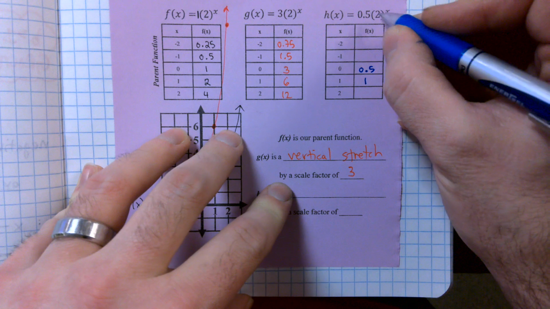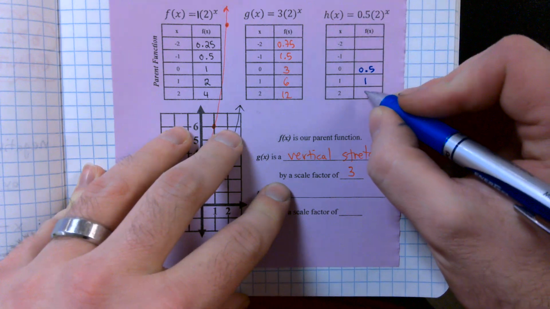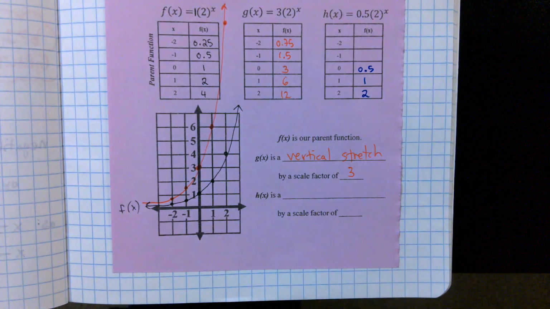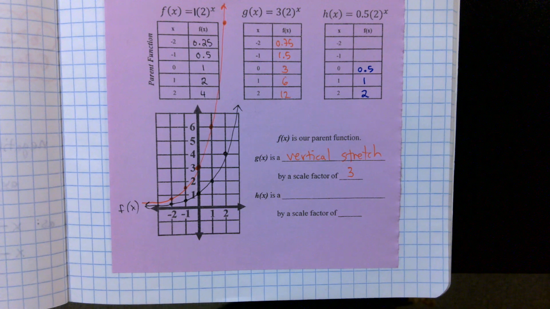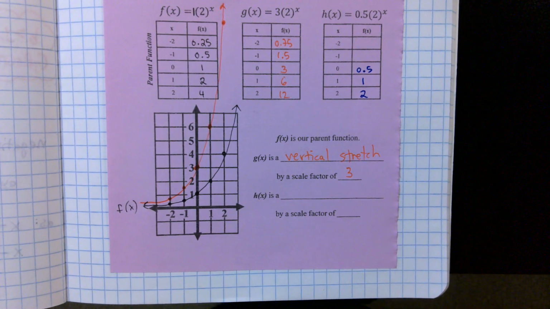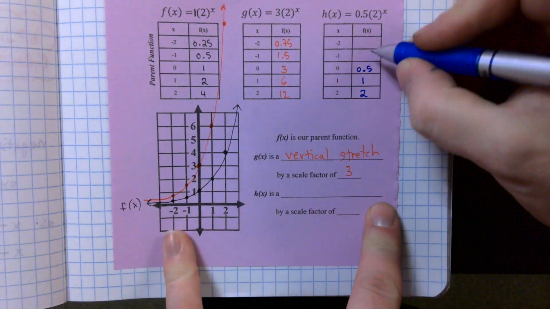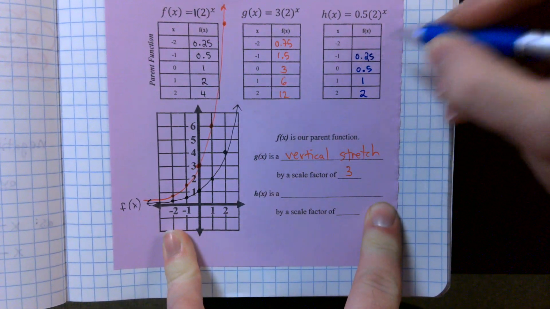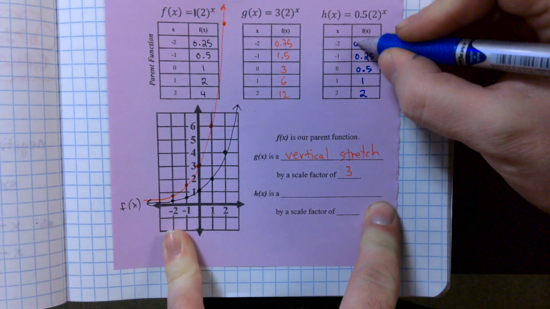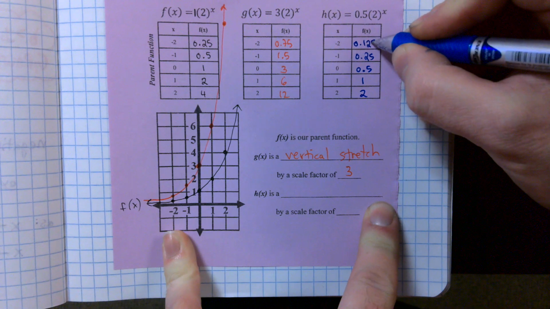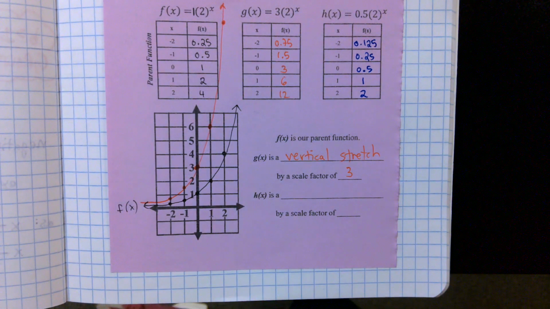If I plug in a 2, I get 0.5 times 4, which is 2. What do I get when I plug in negative 1? 0.25. And if I plug in negative 2, I get 0.125. Very close. 0.125.